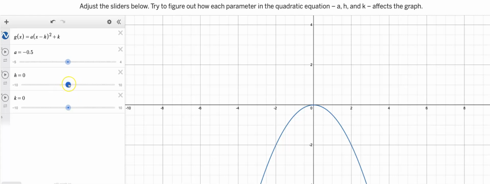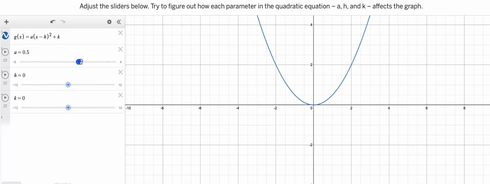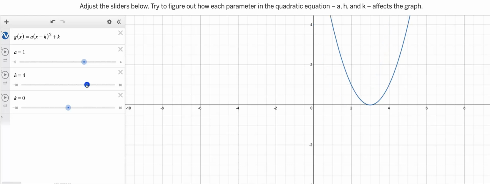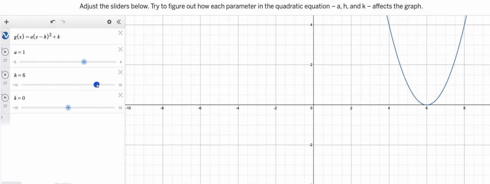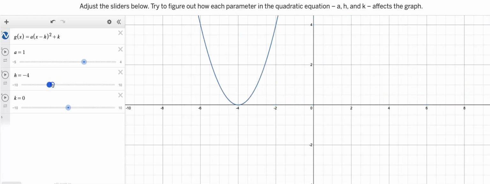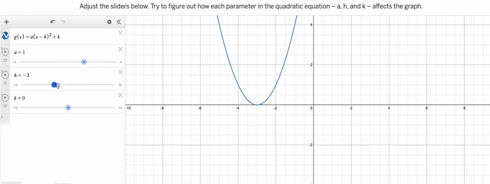Now let's look at H and see what it does. Actually, I'm going to move this back up so A is 1. All right. So now let's move the H slider. We can see that it's moving the parabola left and right. This one's kind of tricky, looking at the equation to tell what it's doing.